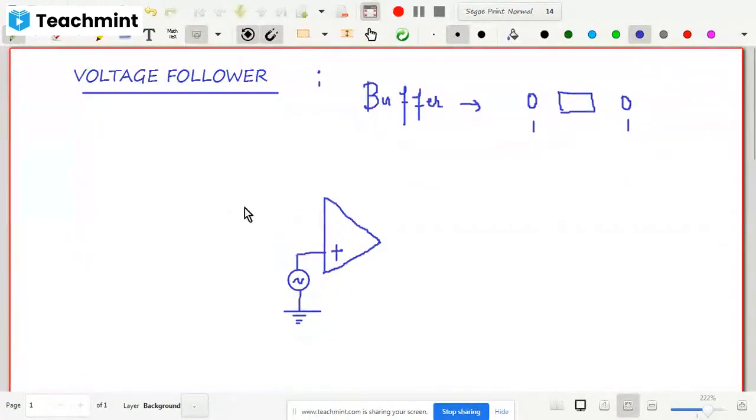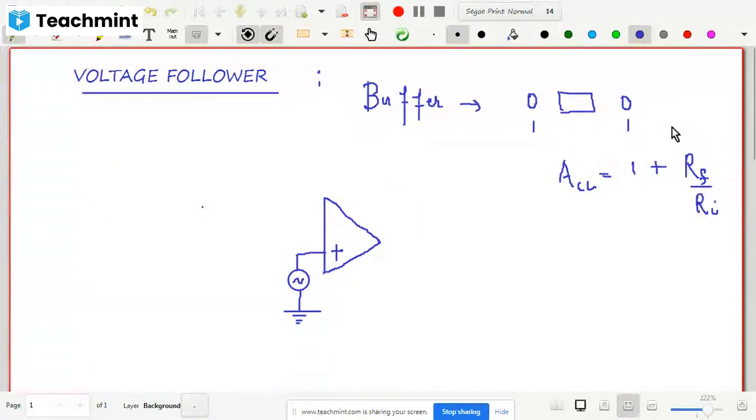Usually in a non-inverting amplifier, there is a resistance Ri connected here, which is grounded, and then we have the RF feedback resistance. You know the closed loop gain for the non-inverting amplifier. Let me write down the gain first. This gain is 1 plus RF divided by Ri, isn't it? We derived this in the last class.